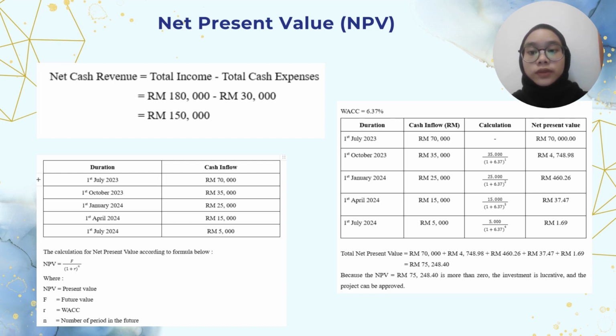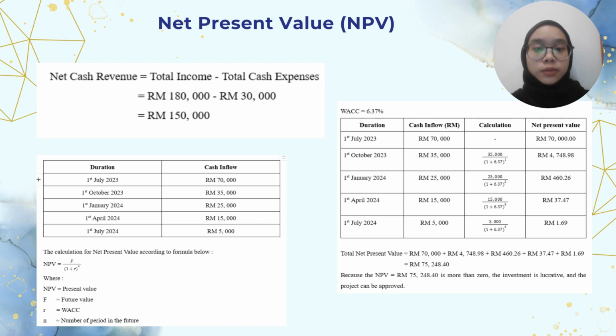For the calculation of net present value according to formula below, NPV equals F over 1 plus R power of n. Then we can see the table of net present value for every duration from 1st July 2023 until 1st July 2024.